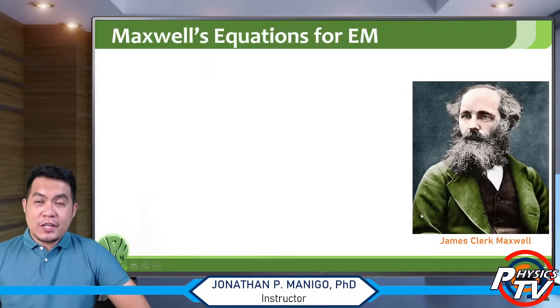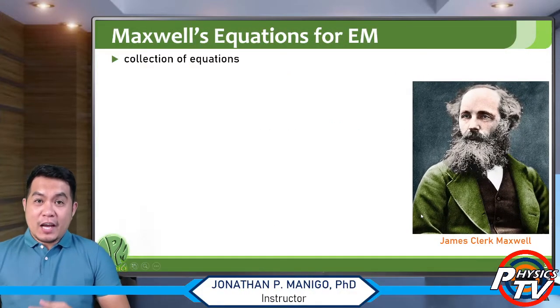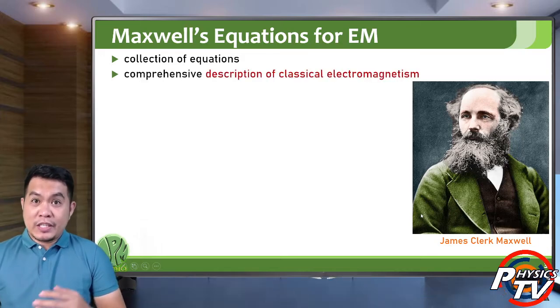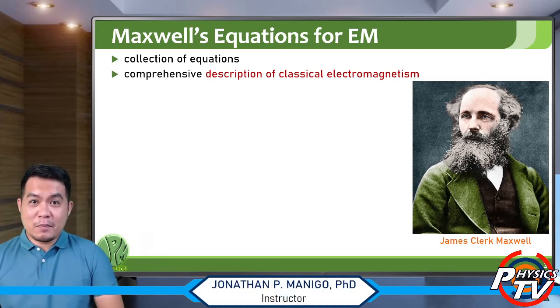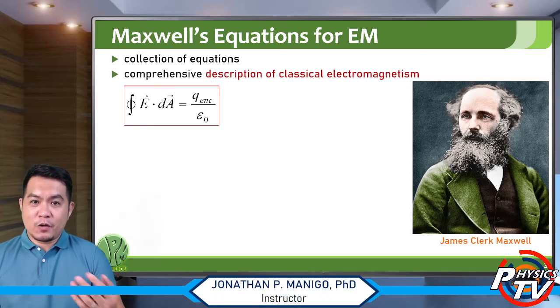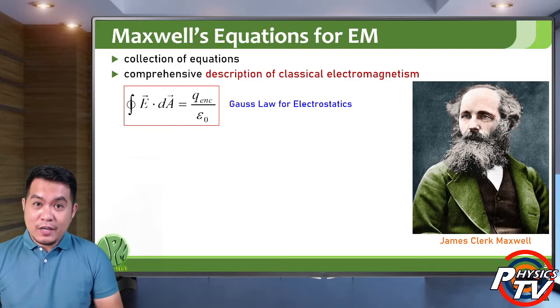Maxwell's equations for electromagnetism are a collection of equations which give you a comprehensive description of classical electromagnetism. So this is composed of Gauss's law for electrostatics.